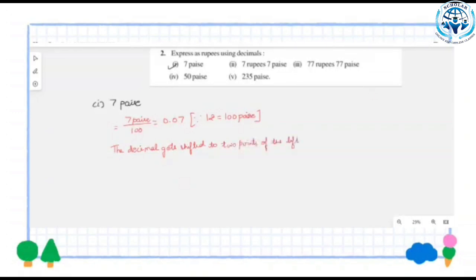The point will be moved to the left and we get 0.07. 2 digits after decimal, 0 and 7, same as 2 zeros in the denominator.